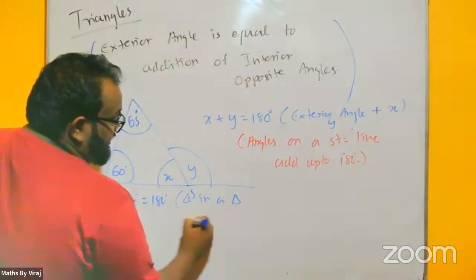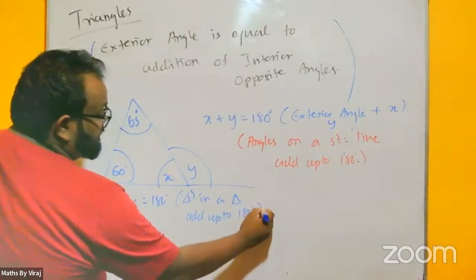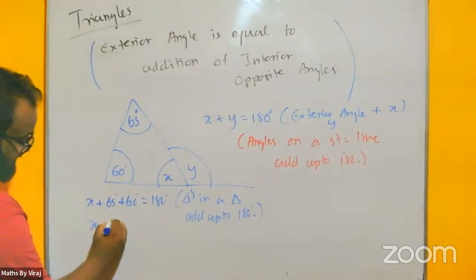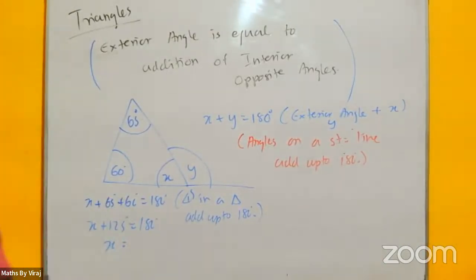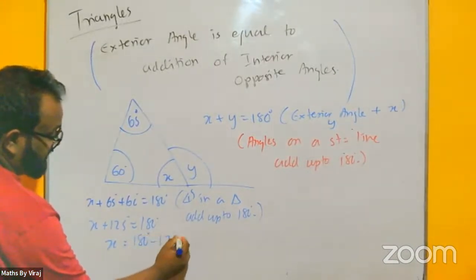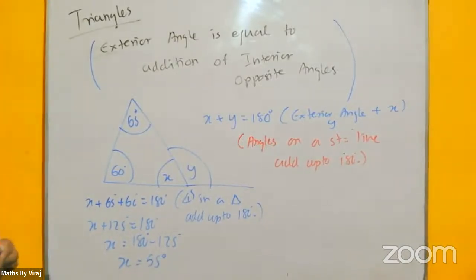Angles in a triangle add up to 180. Basically, we know that x plus 125, x is equal to 180 minus 125, x is 55 degrees.